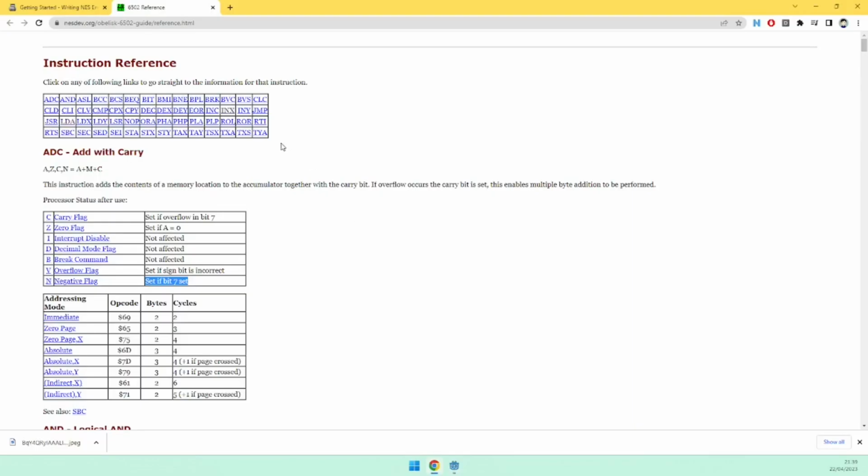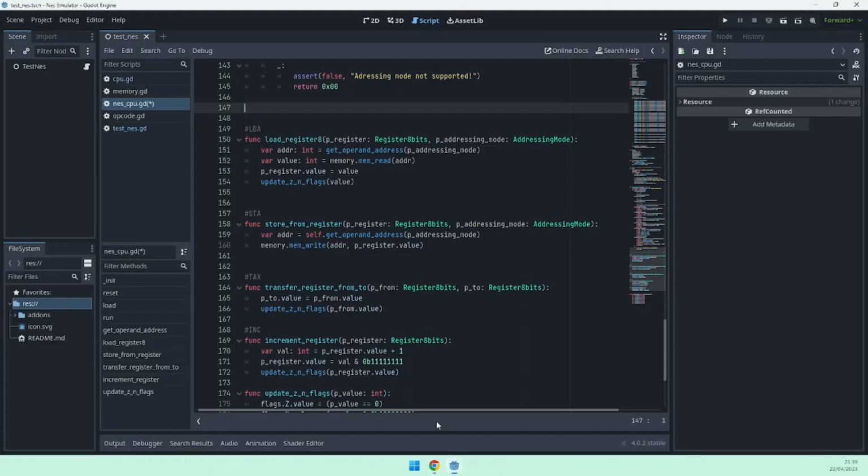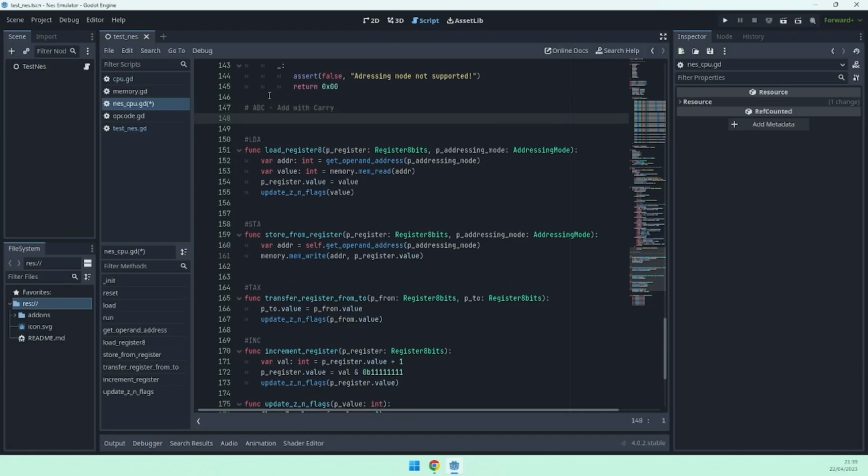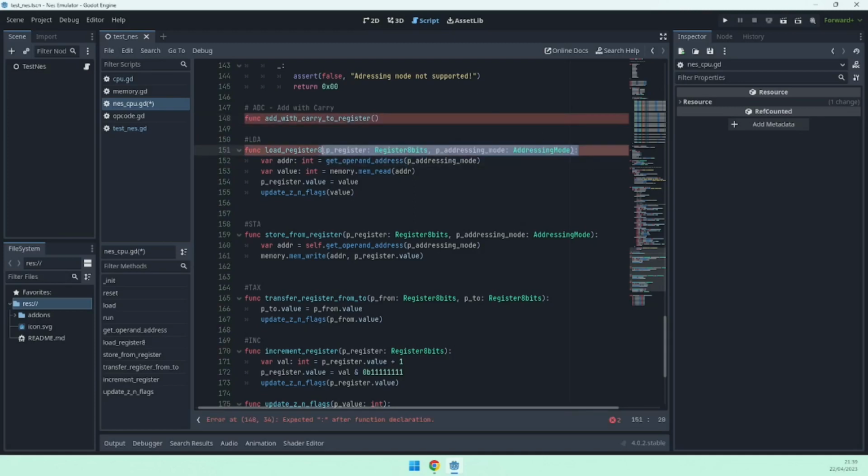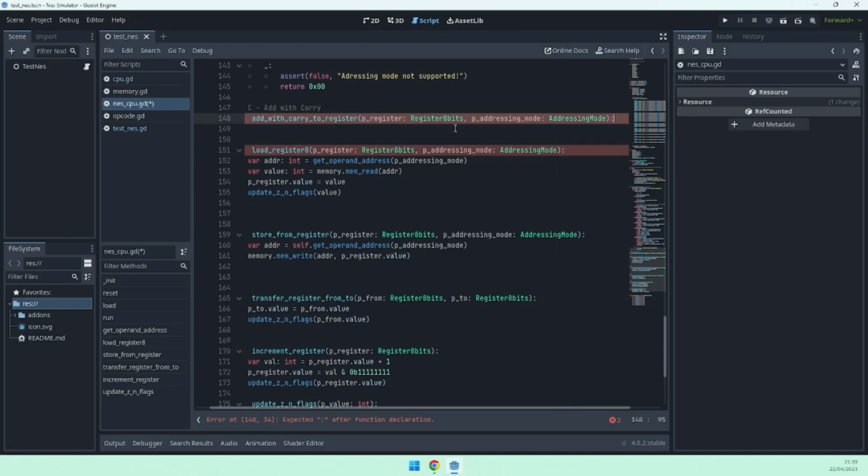So to get started, let's put a comment here for what we are doing. Func add with carry to register. So we have the register and the addressing mode again.